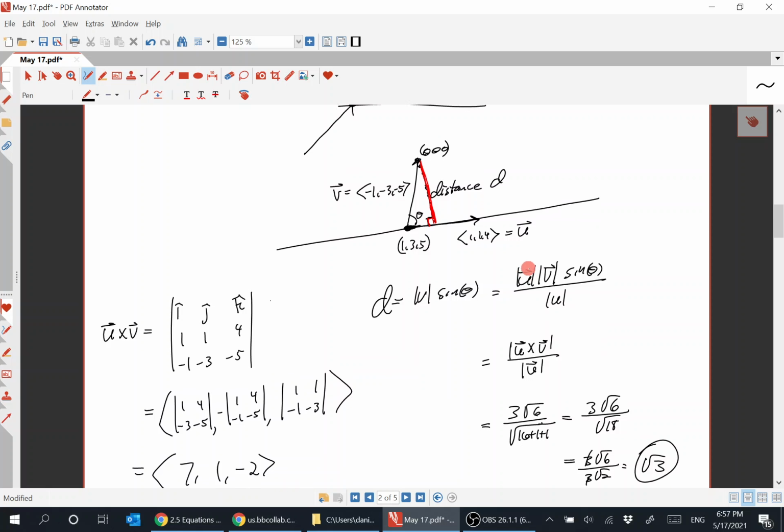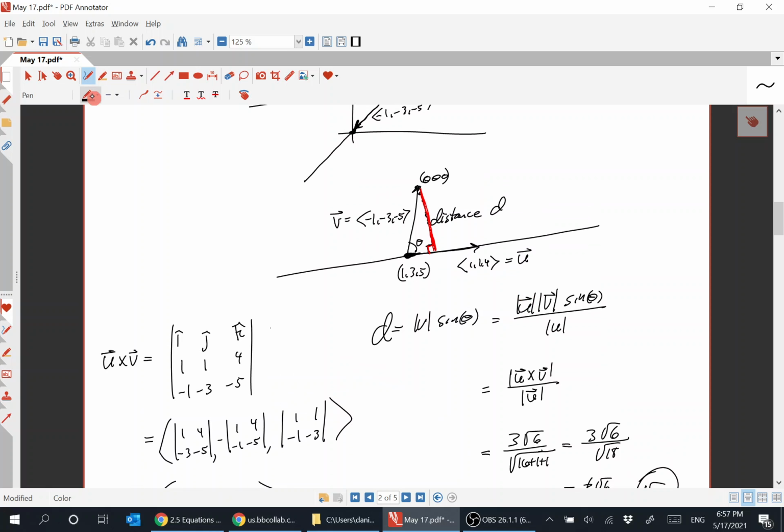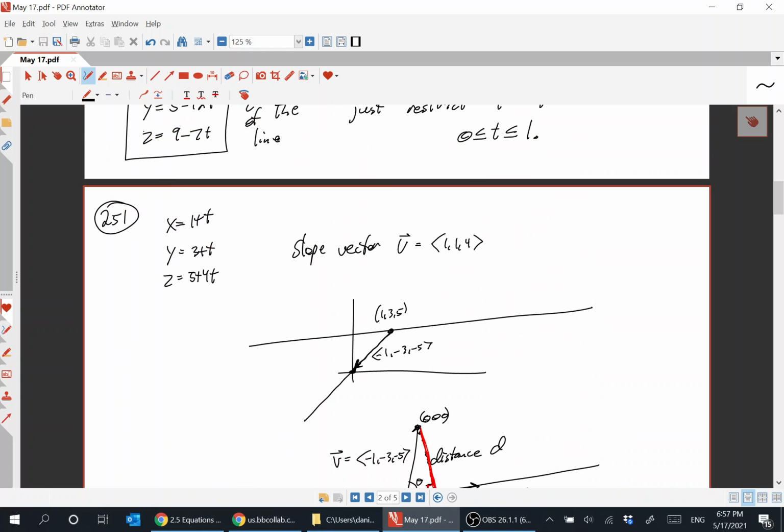So that's more of a question from 2.4. The only bit we used here is that we got the slope vector right off of these equations here. The slope vector for that line is 1, 1, 4. And a point on that line is whatever you can stick into these equations, just t equal to 0. So we just got 1, 3, 5.